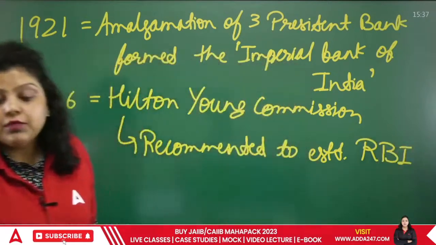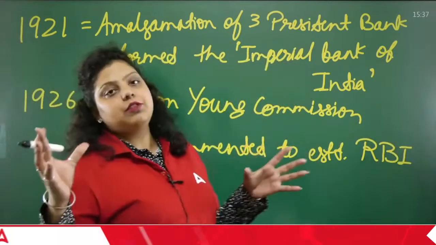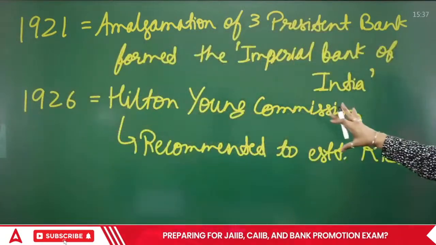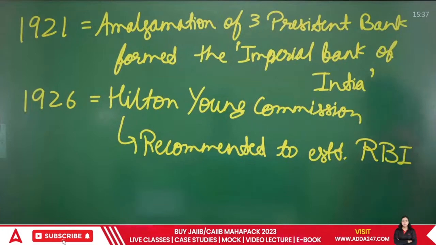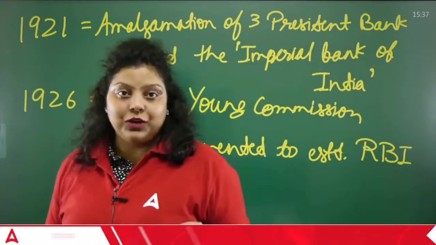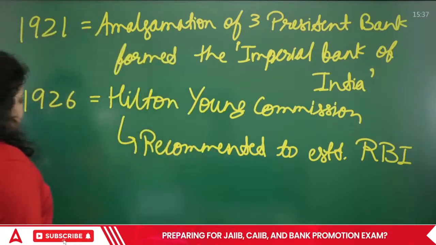So the first time we talked about having a central bank of the country was in the year 1926, and the Hilton-Young Commission recommended this, or you can call it the Royal Commission on Indian Currency also, right? So this is the year 1926.